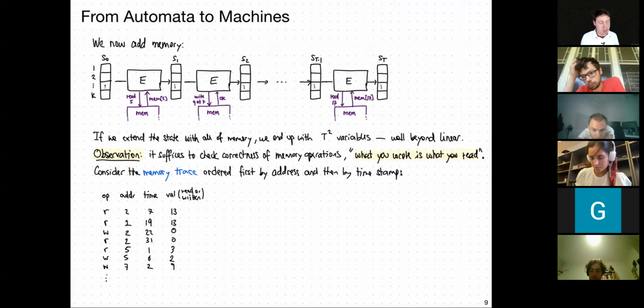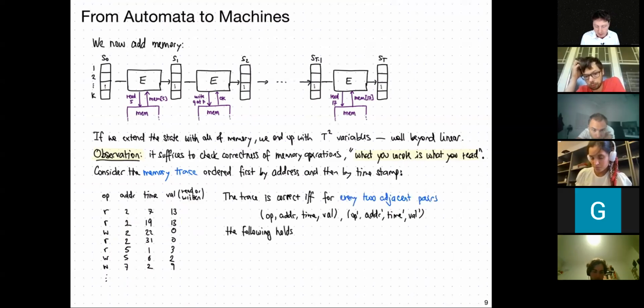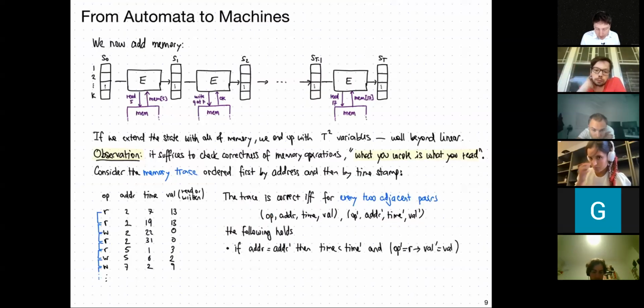So here's a memory trace, and it turns out that the invariant, what you wrote is what you read, can be very easily expressed if you're given a memory trace in this order, right? Because the trace is correct if and only if for every 2 adjacent tuples of operation, address, time, and value, and operation prime, address prime, time prime, and value prime, the following holds. If you're looking at the same address, then it must be that the time increases.